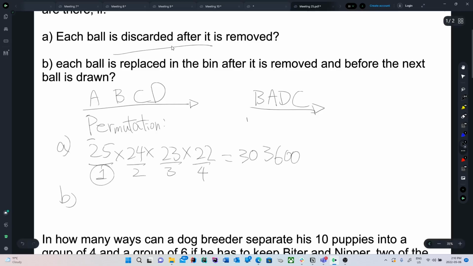And for B, when the balls are replaced back into the bin after they're removed, we're going to have to think differently.